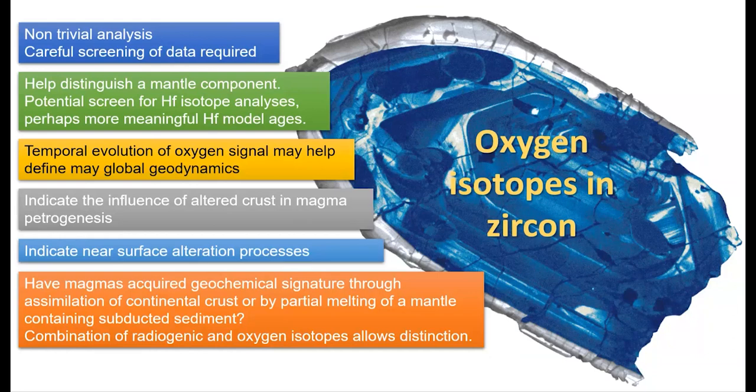Another important use of oxygen isotopes in zircon is looking at fluid rock interaction, and we haven't really touched on a case study of that, but we can talk about that later if people are interested. And overall, oxygen isotopes in zircon are a very powerful tool to add to our isotope toolkit.